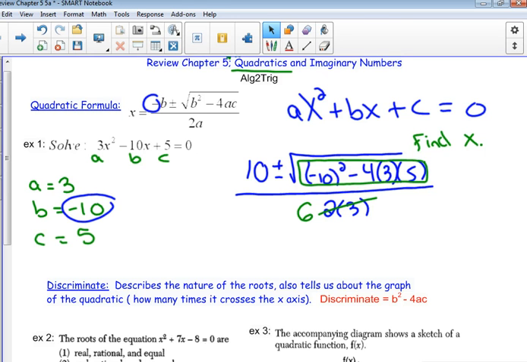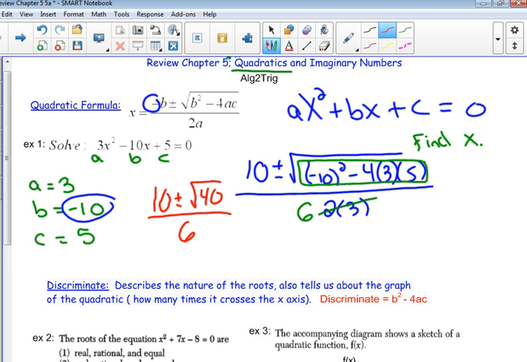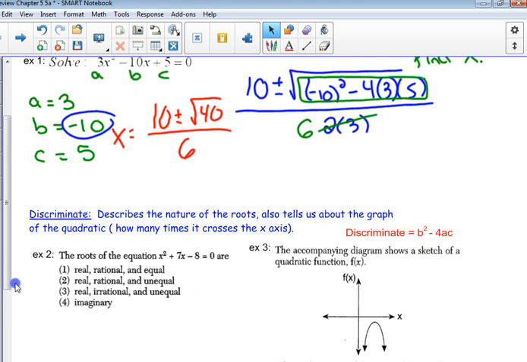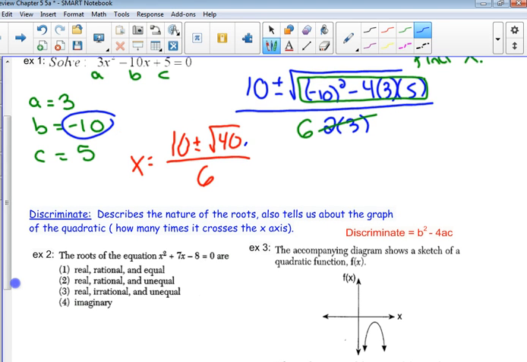So then you can have 10 plus or minus, oh actually, before we do that, you have to reduce the radical. Good, reduce that radical. You want to make sure it's in simplest form.